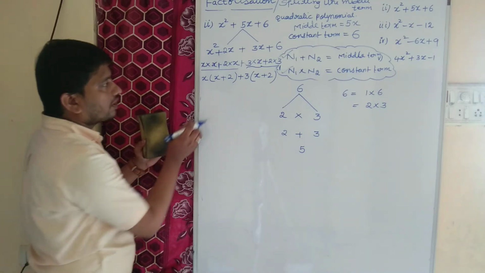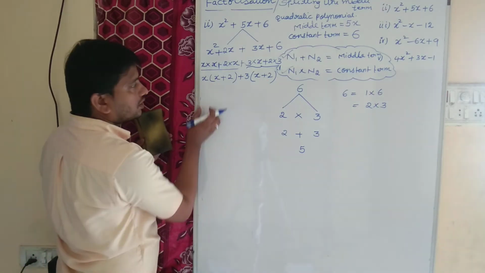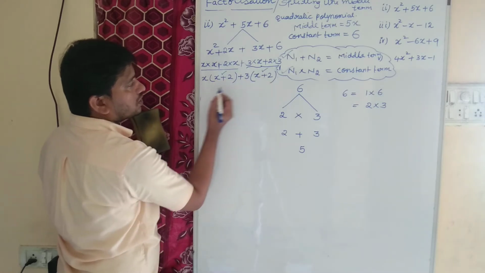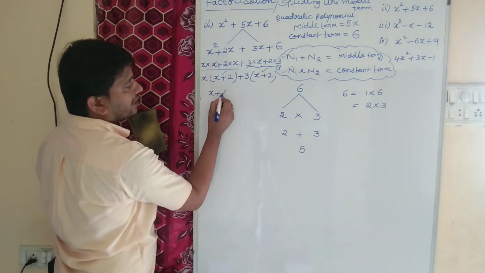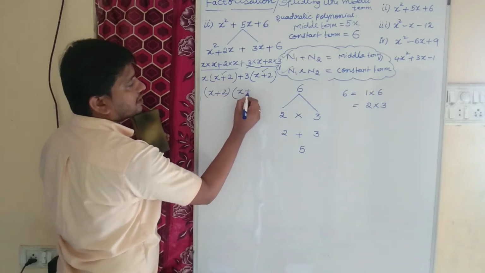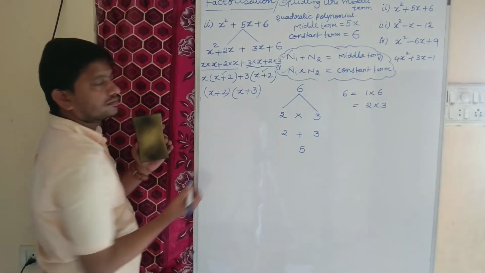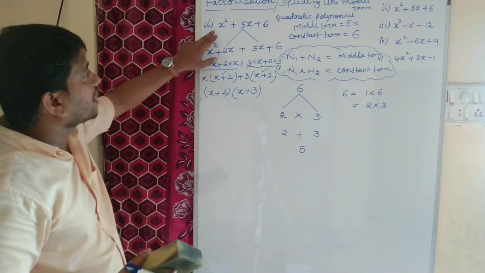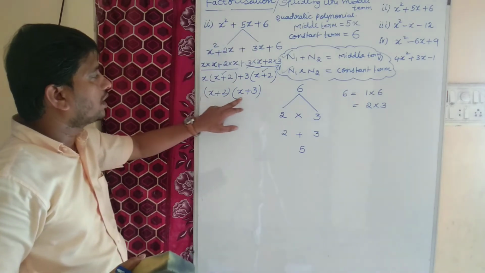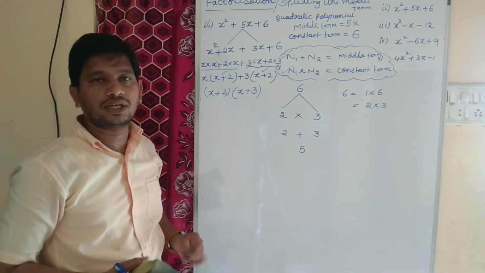Now, from these two terms, this is first term, this is second term, we have here also x plus 2, here also x plus 2. So I can take x plus 2 as common. What is left over here, children? x and 3. So, the factors of x square plus 5x plus 6 are x plus 2 into x plus 3.